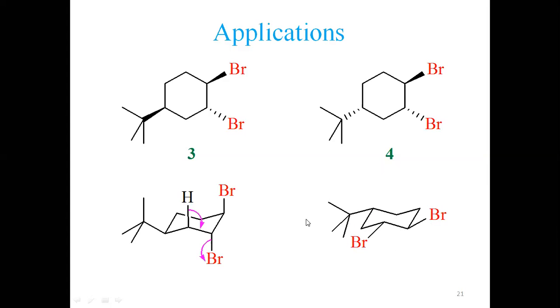But again, this tertiary butyl group shall also go axial. So we shall have 0% contribution. That's why this group has lost the conformation. This chair conformation is not going to flip to the other chair. That's why this isomer number 4 shall not undergo elimination, but number 3 shall undergo elimination. These are just a few applications I have presented here in E2 elimination mechanisms.